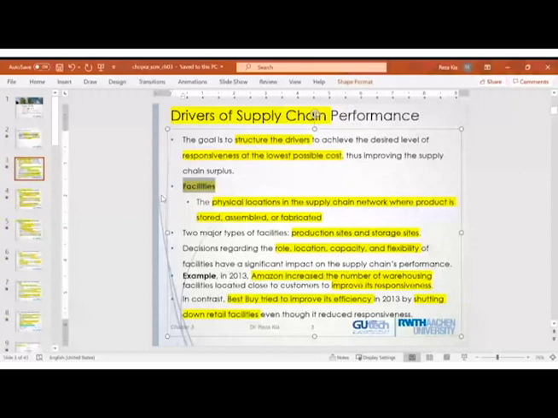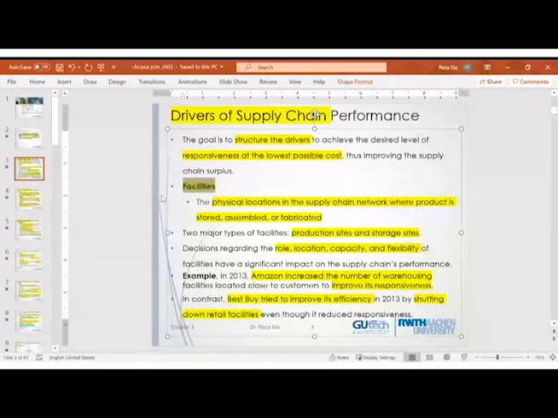In this physical building, you can produce something. Usually they are production sites or storage sites. For example, supplier and manufacturer are usually production sites, and the distribution centers and retailers are storage sites. So no matter if it's production or storage, they are a kind of facility.